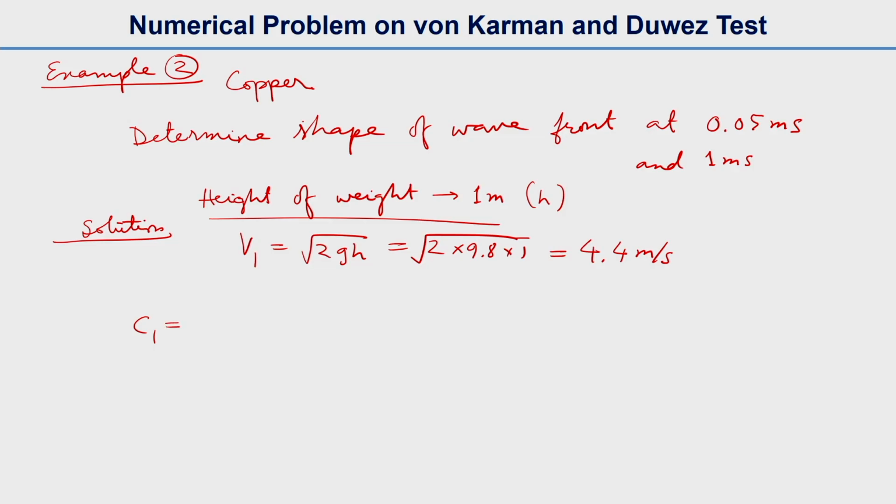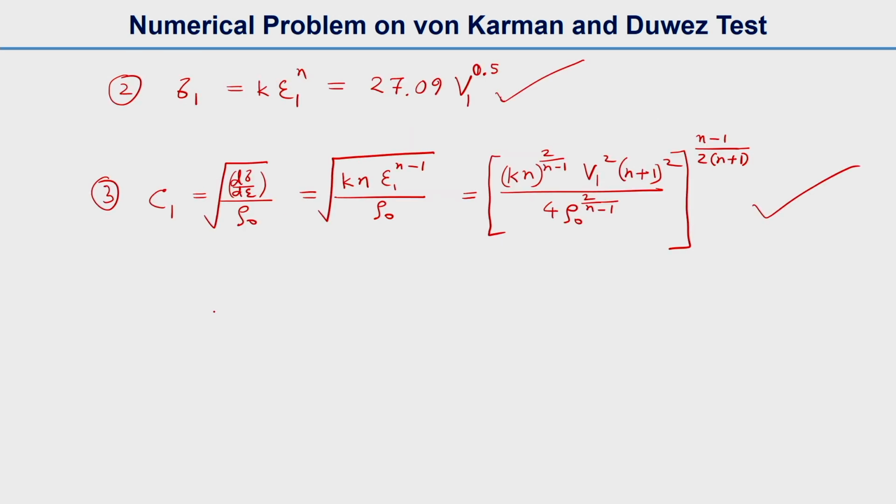And now what we need to find are the plastic wave velocity and the elastic wave velocity, so that we can draw the wave profile. So we will now find the plastic wave velocity from what we discussed in the earlier problem, the plastic wave velocity expression from here.